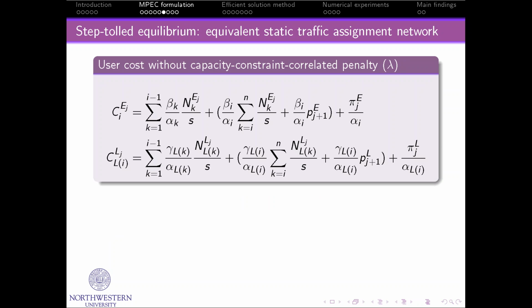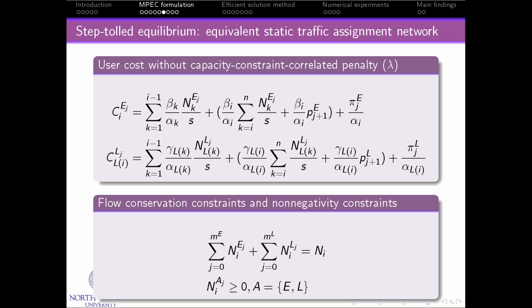Then we write out the user cost without capacity constraint correlated penalty in a form of flows, which still contains the first part, the travel delay, and this is the schedule punctuality, and this is the toll rates.